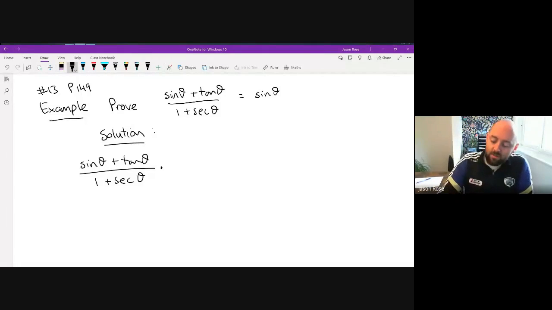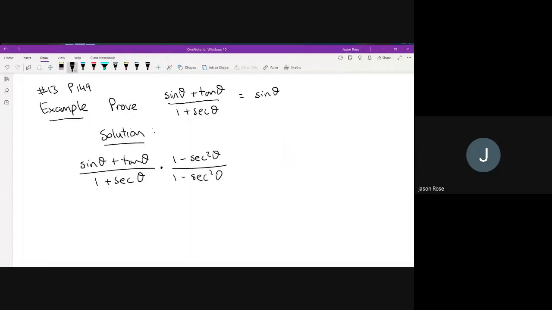So what I'm actually going to do here is create that difference of squares that we talked about many times in this course. We did it in radicals.